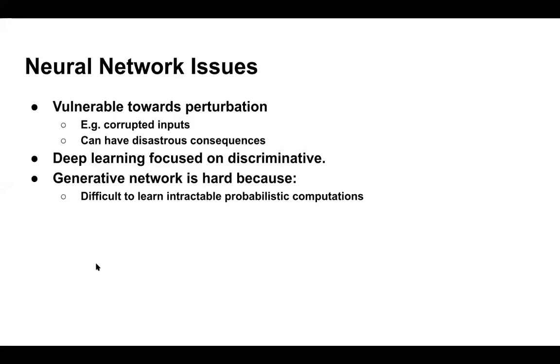A lot of the deep learning frameworks focus on the discriminative part, meaning the prediction part. This is because generative networks are generally hard. With generation, it's not like discriminative, where someone can teach the network that this is the image and this is the label you need to predict.